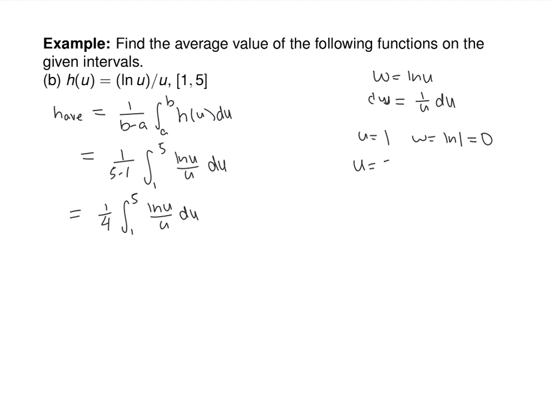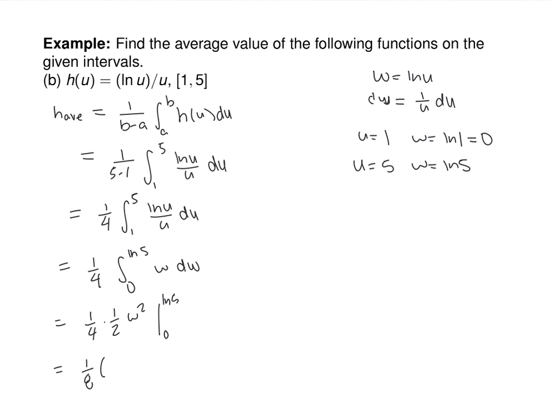And if u is equal to 5, w is ln of 5, which isn't a nice number, just deal with it. So we have 1/4 integral from 0 to ln of 5 w dw. And that's it. Now anti-differentiate w, and we have 1/2 w squared. And now inputting our ln 5 and our 0, we end up with 1/8 ln of 5, the quantity squared.